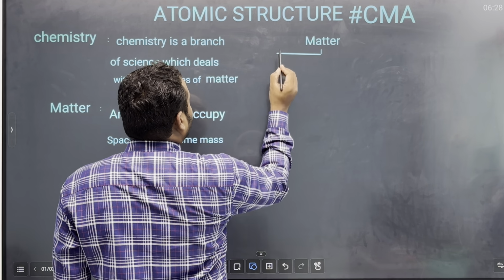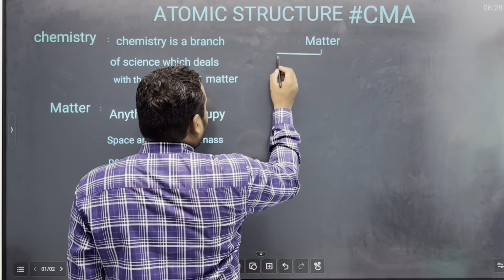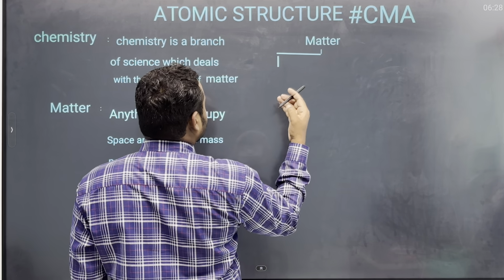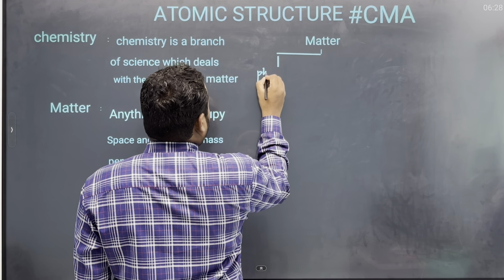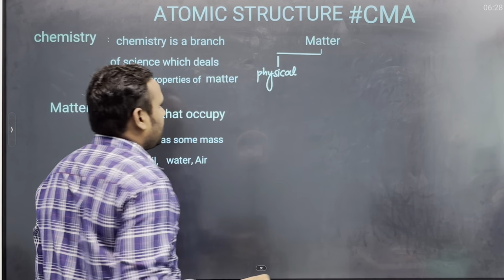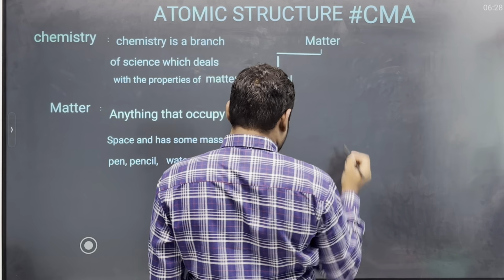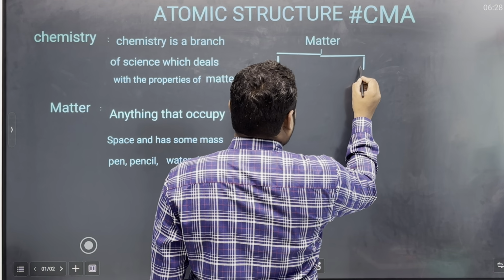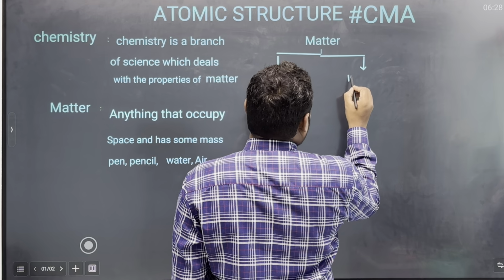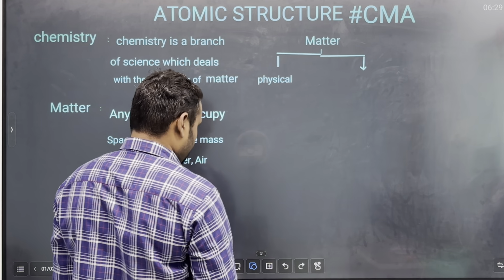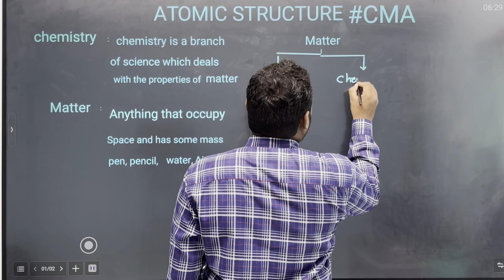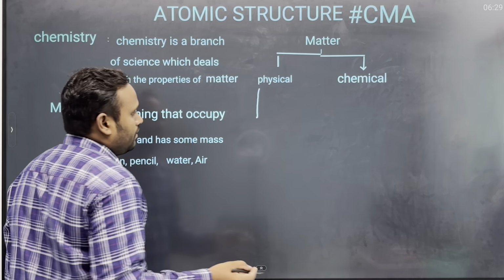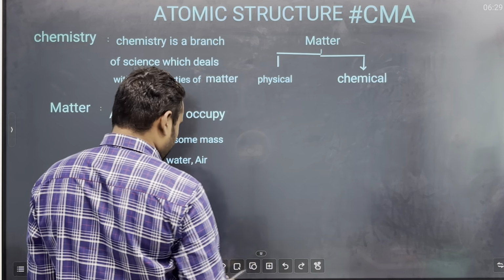The first one is physical classification and the second is chemical classification.